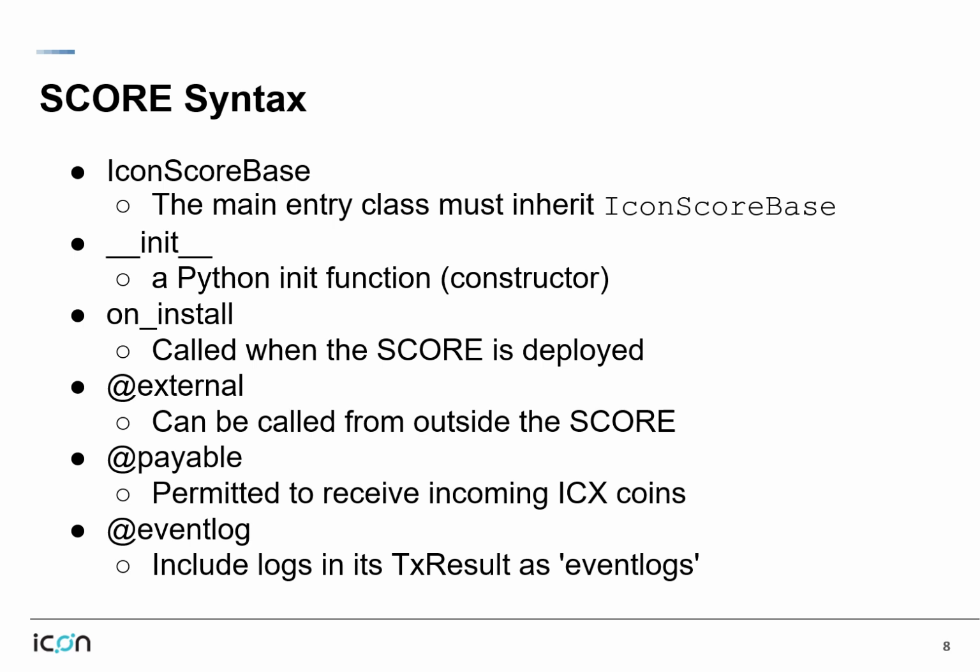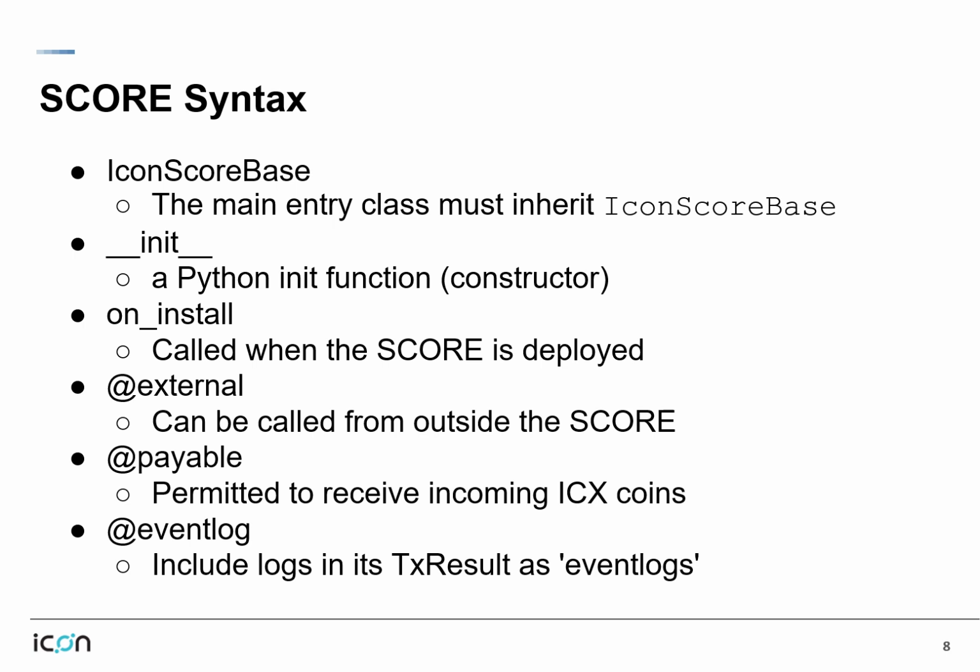There are some decorators, external, payable, and eventlog, that provide special meanings when they are marked on functions. Only the functions that are decorated with external can be called from outside the SCORE.